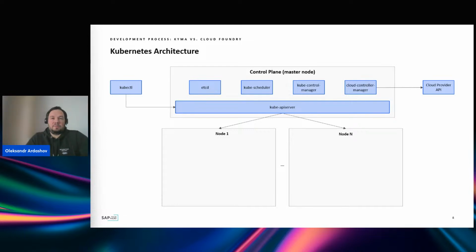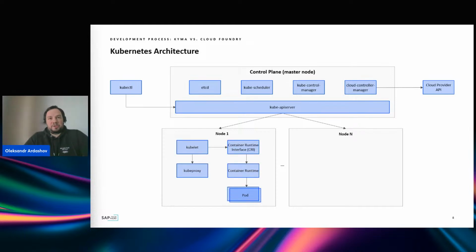One of the key components is the Kube API server. With this server, we can communicate with the whole Kubernetes cluster and with our nodes. And that is kubectl, one of the most used CLIs to manage the Kubernetes cluster itself.